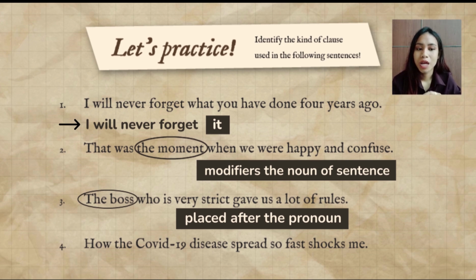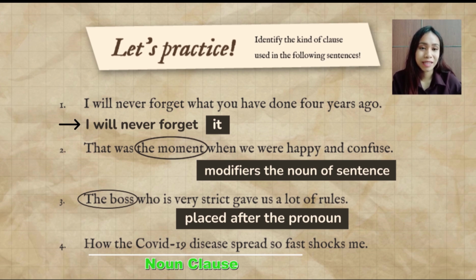The last one. How the COVID-19 disease spread so fast shocks me. Which one is the clause and what type of clause is it? Yeah, very good. How the COVID-19 disease spread so fast is known as a noun clause.